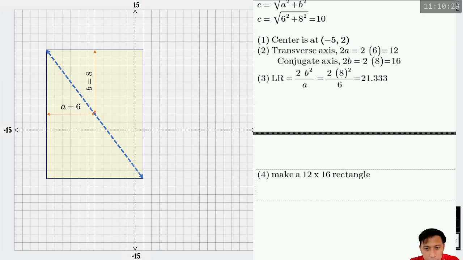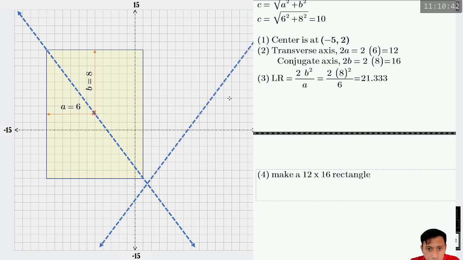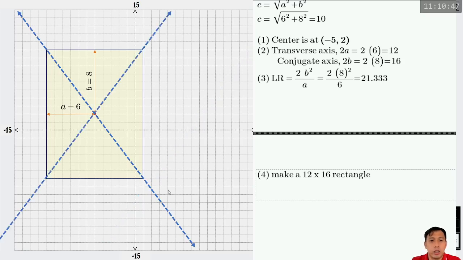Let's continue. On the other side, I'll rotate this. These lines should pass through the corners. Now, where does this open?